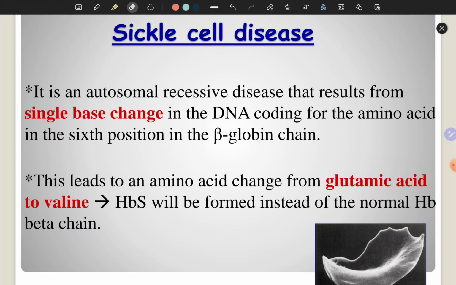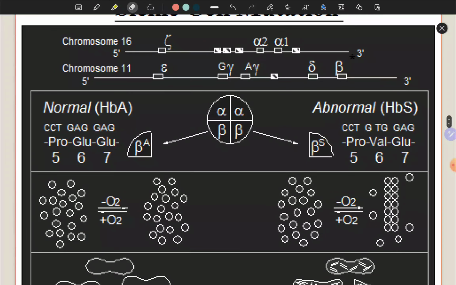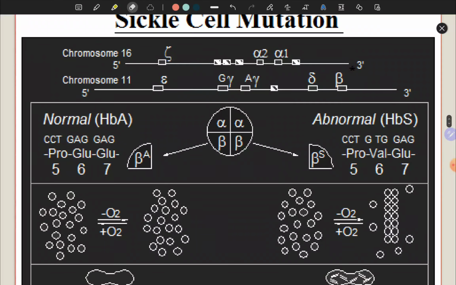So the disease is caused by an autosomal recessive point mutation. It's a single base change, adenine is changed by thymine. GAG codes for glutamic acid, while GTG codes for valine at position 6 of the beta globin chain.